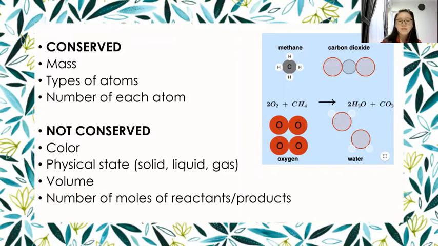You can turn a big volume of matter into a small volume of matter with the help of chemical reaction. And the last thing that's not conserved is the number of moles of reactants or products. As an example of a chemical reaction, methane reacts with oxygen and yields carbon dioxide and water.